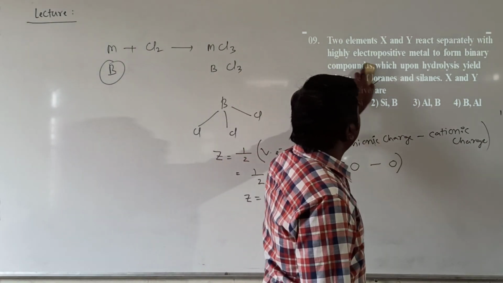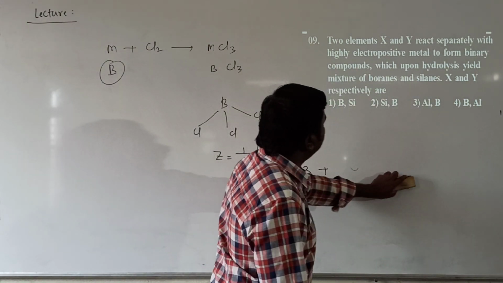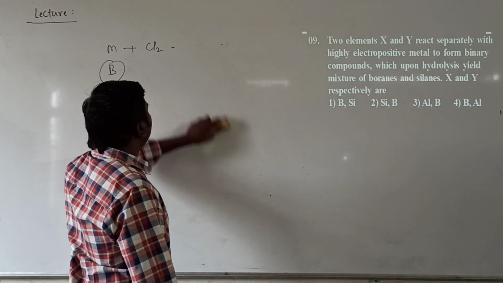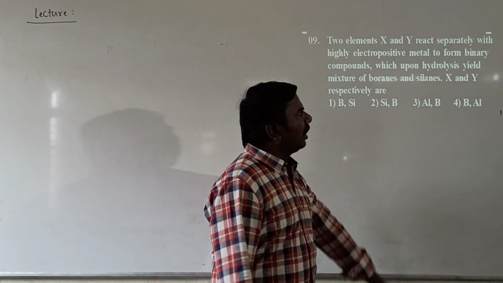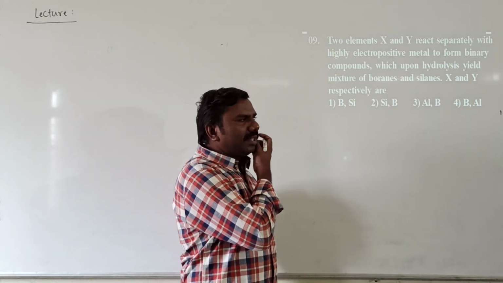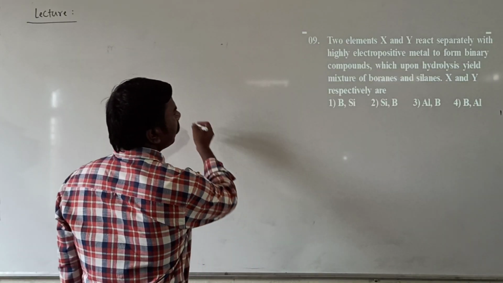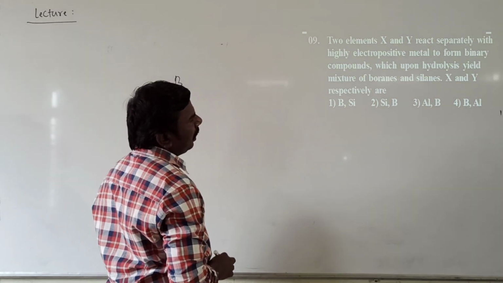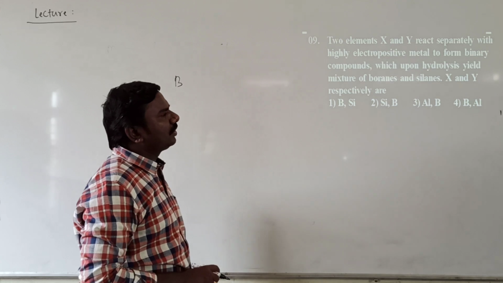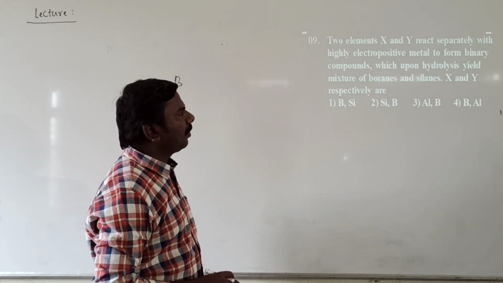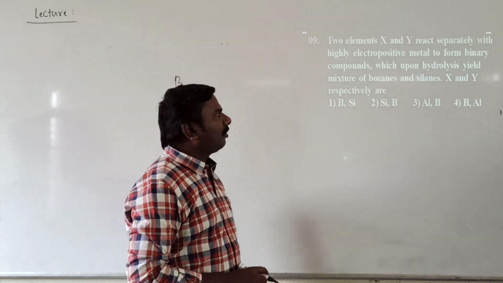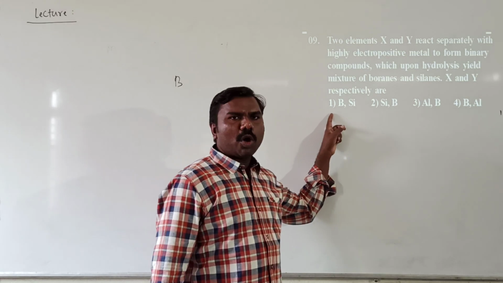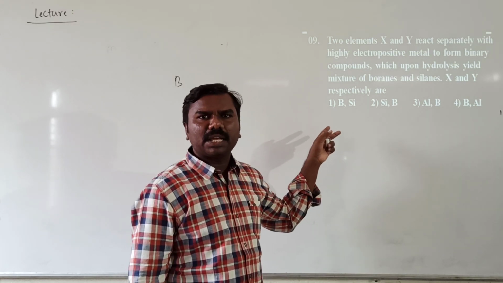Next, two elements X and Y separately react with highly electropositive metals to form binary compounds, which upon hydrolysis yield a mixture of boranes and silanes. I take X as boron. Boranes are B2H6, B3H6 like that.